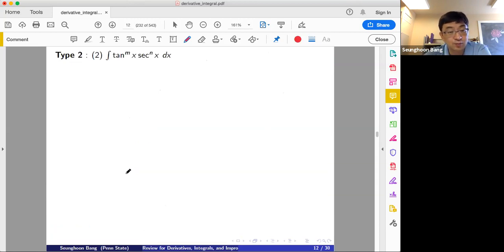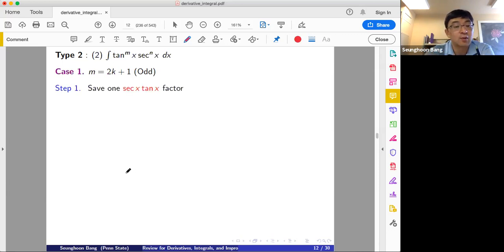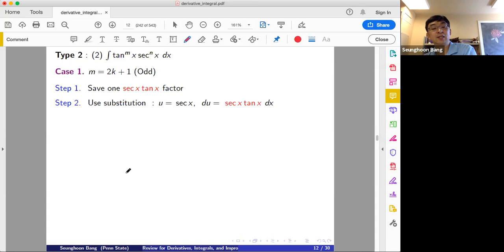So type 2 continued: integral of tangent to the power m, secant to the power n dx. Case 1, the power m is 2k plus 1, an odd power. Step 1, save one secant tangent. Step 2, use substitution. u equals secant, du is secant tangent dx.